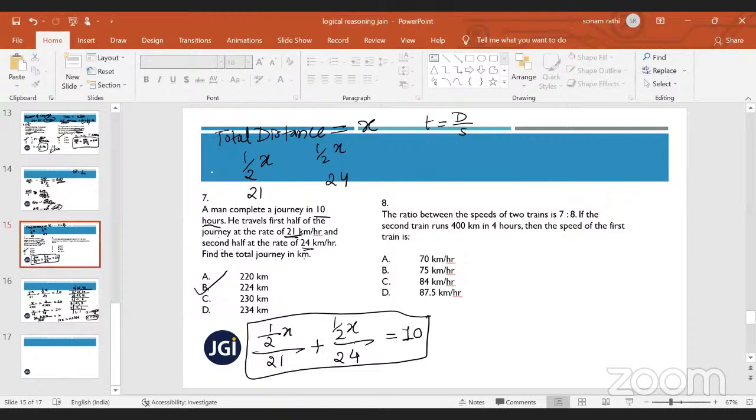Okay, question number 8. The ratio between the speed of the two trains is 7:8. The second train runs 400 kilometers in 4 hours. 400 kilometer in 4 hours, what is the speed? 400 upon 4, that is 100 kilometer per hour.